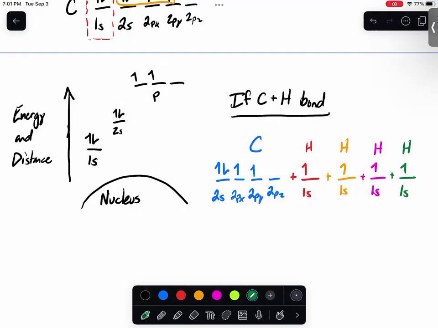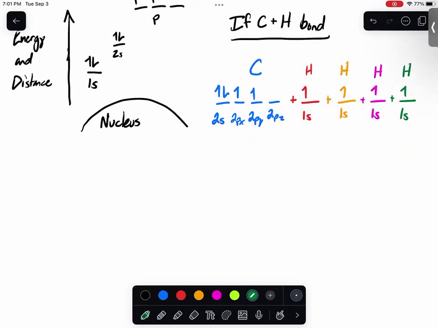And what this would end up giving us, in terms of an equivalent thing, is that carbon, which originally had these orbitals open to it, 2px, 2py, and 2pz, its electrons are going to stay where they were, and then the hydrogen electrons are going to come fill. So the red electron gets paired up.